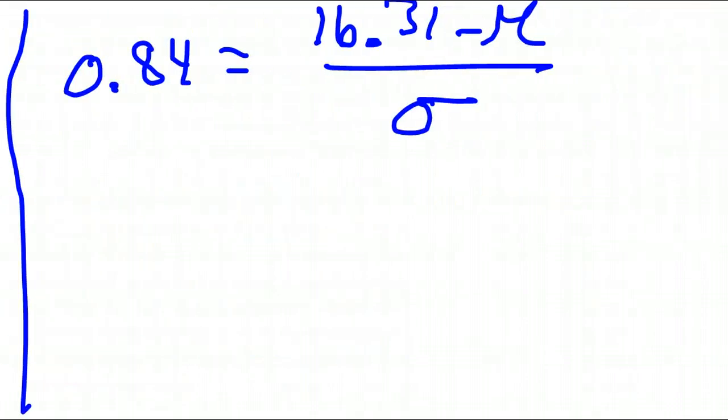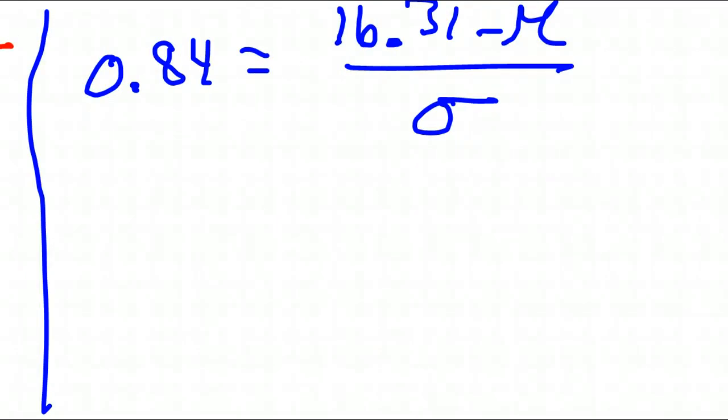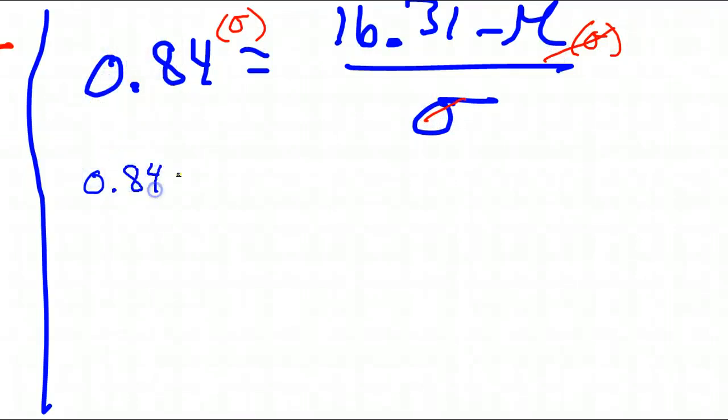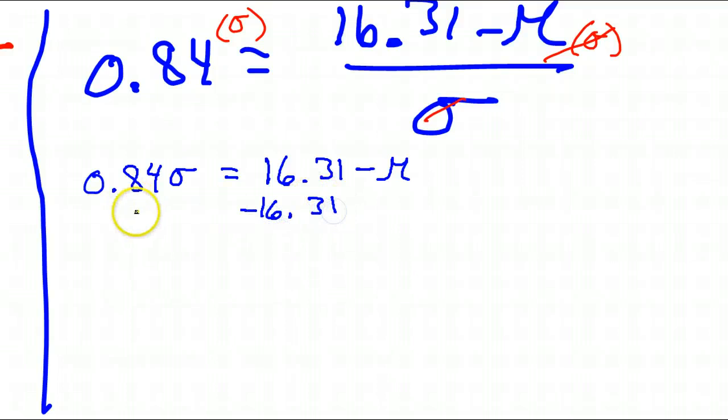All right, I need to do the same thing over here. So I'm going to start by multiplying both sides by the standard deviation, so I'm going to do the standard deviation on both sides. That way these cancel out. Okay, so I'm going to have 0.84 standard deviations equals 16.31 minus the mean. All right, subtracting 16.31 from both sides. Again, these are not like terms, so I just write them side by side.